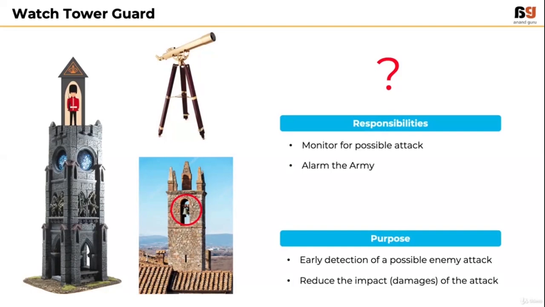His major work is to ensure that he sees the attack coming from far, then he alerts the army. So the purpose of this guy is early detection of possible enemy attack and reducing the impact damage. At least it gives the army time to prepare themselves ahead.